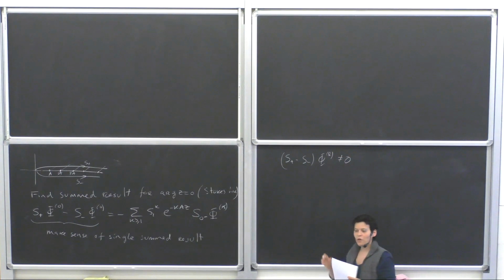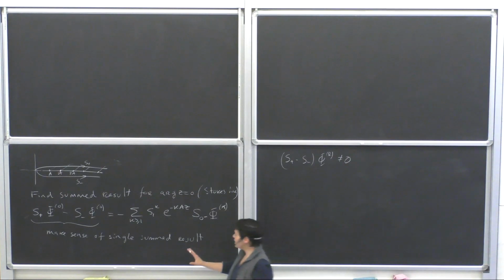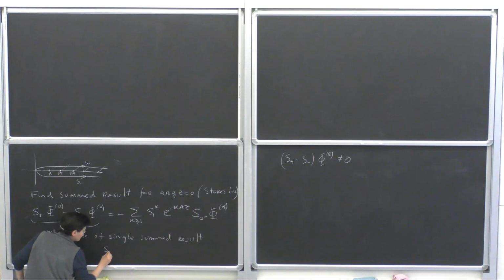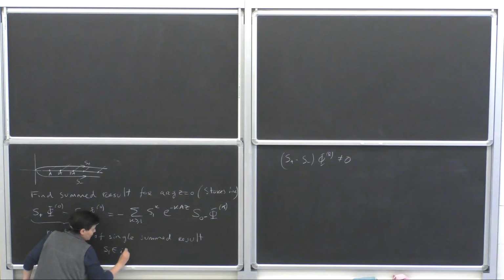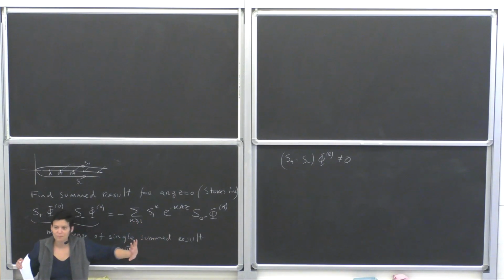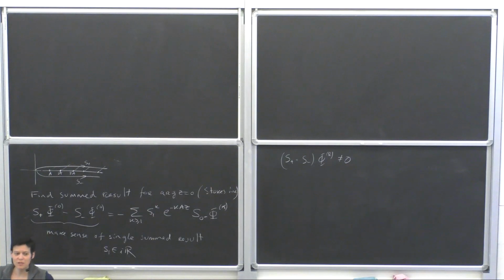So I don't know if you remember, I mentioned this in passing, that the Stokes constant, which is S1, is actually an imaginary number. This means that at least to first approximation, this ambiguity from phi 0 and phi plus is imaginary.